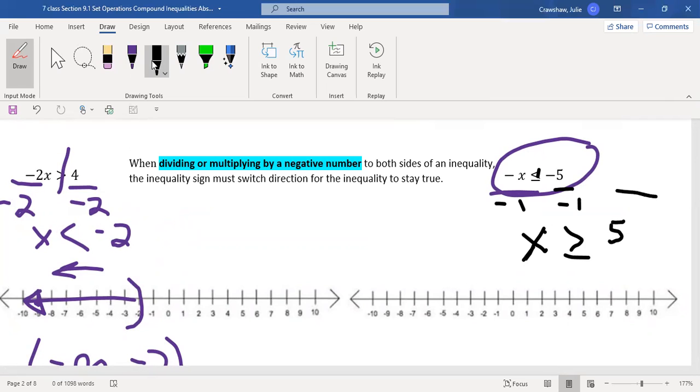Now my arrow is pointing to the right, so that's how my arrow on my number line is going to be drawn. I start at +5, and this time I include it, so I put a bracket. And it's going further and further to the right and never stops. So therefore, my interval notation is bracket +5, comma, infinity, parenthesis. Because again, infinity never stops.